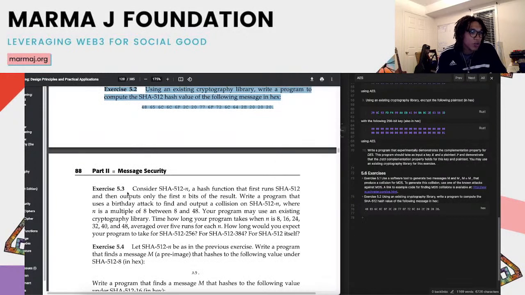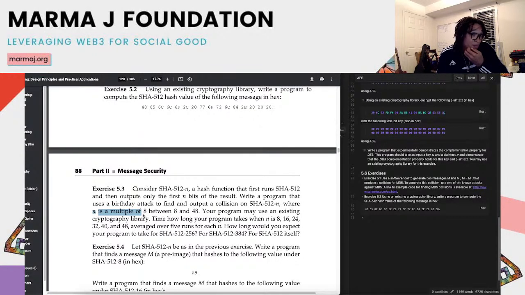So, going to exercise 3. Consider SHA-512-N, a hash function that runs SHA-512 and then outputs only the first N bits. Okay, so it's truncated. Write a program that uses a birthday attack to find and output a collision on this, where N is a multiple of 8, between 8 and 48.